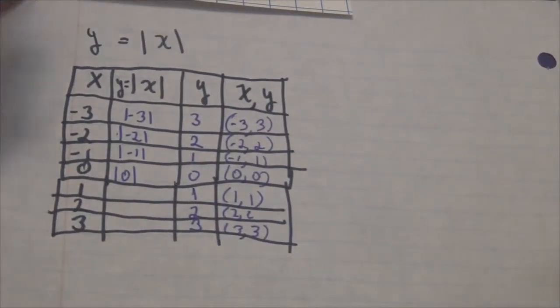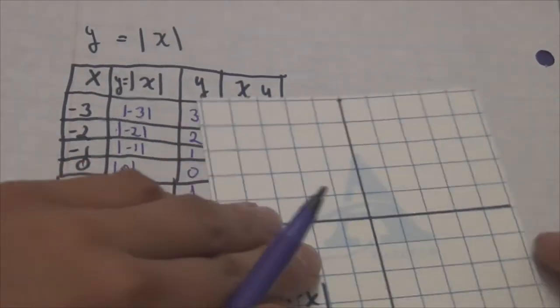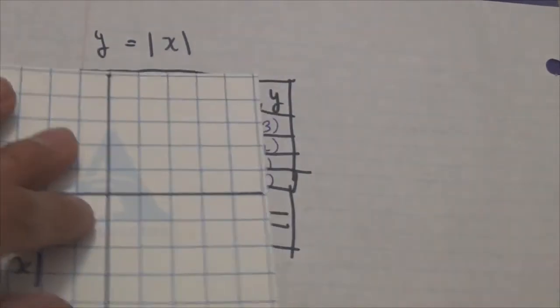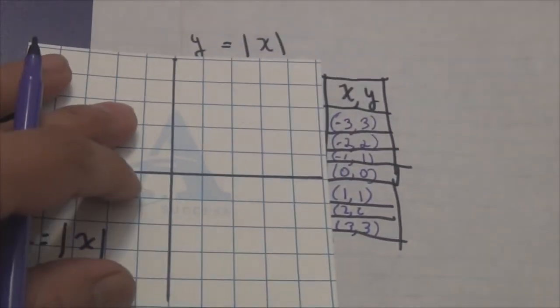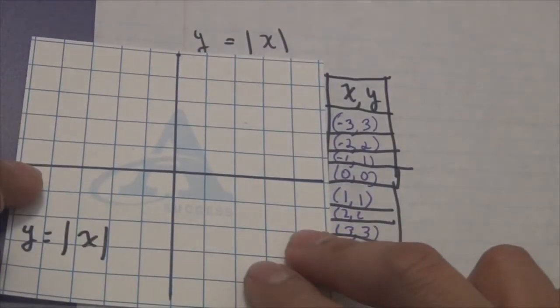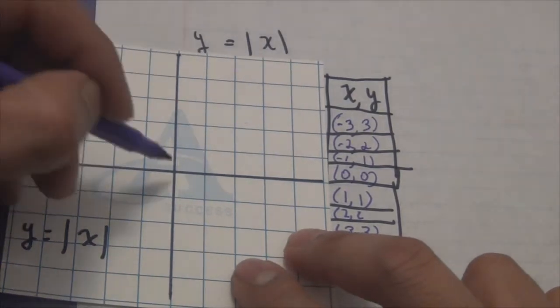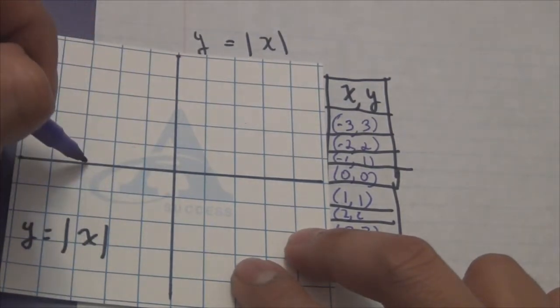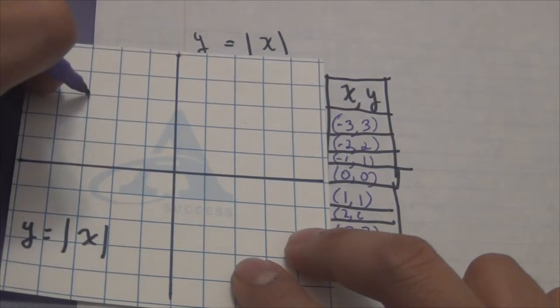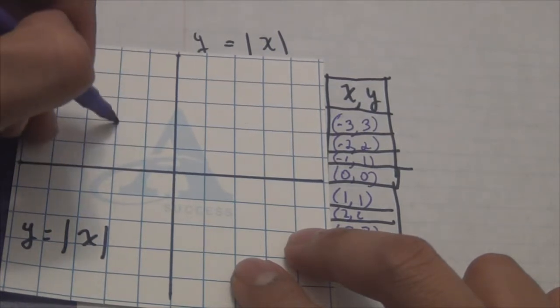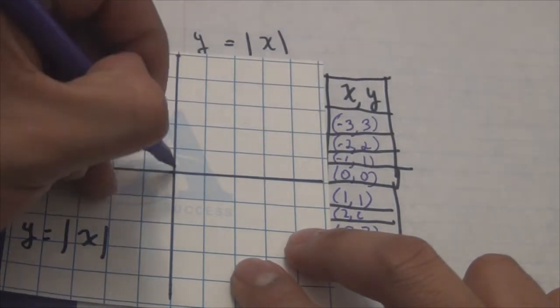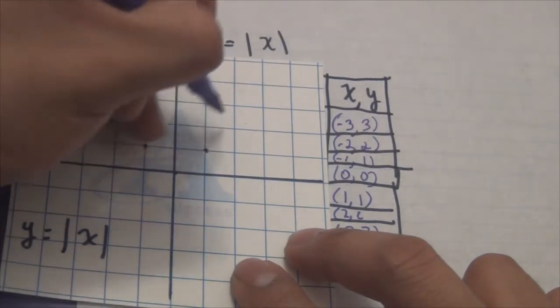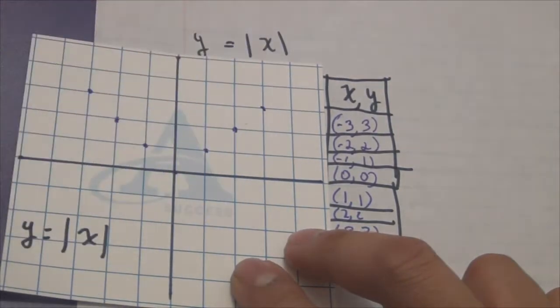Okay, so now let's graph that. So remember the point. Right here. So let's see. -3, 3; -2, 2; -1, 1; 0, 0; 1, 1; 2, 2; 3, 3.